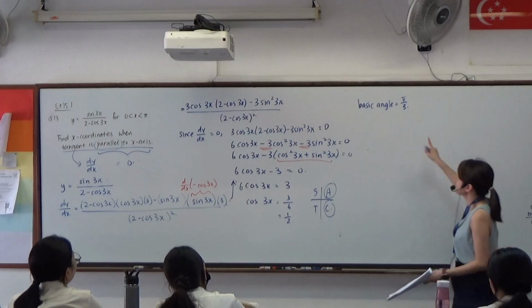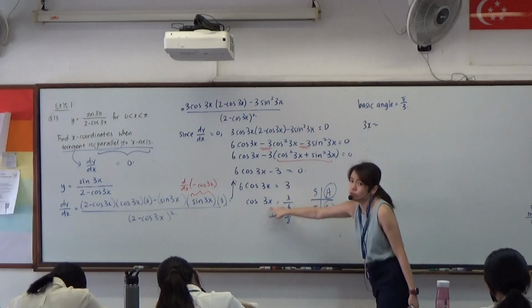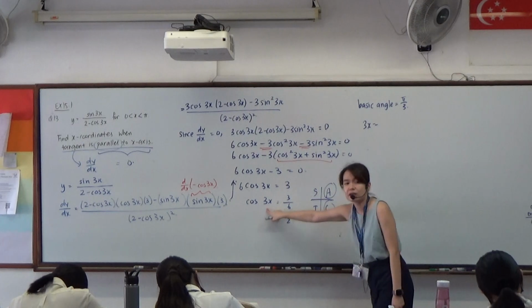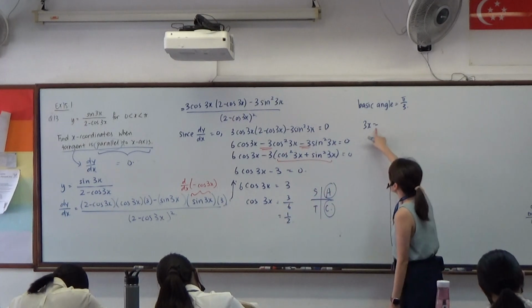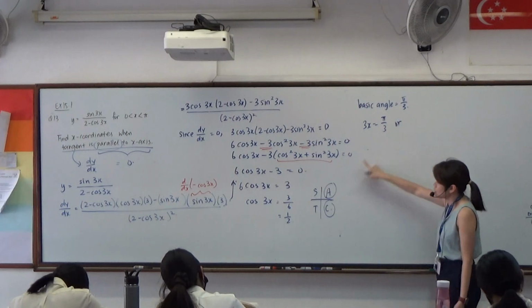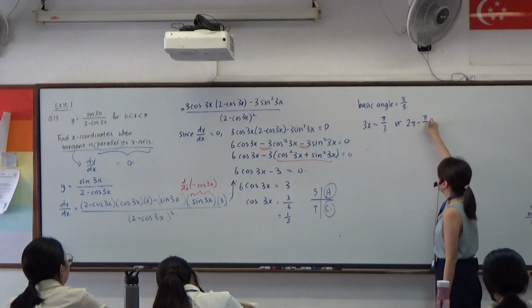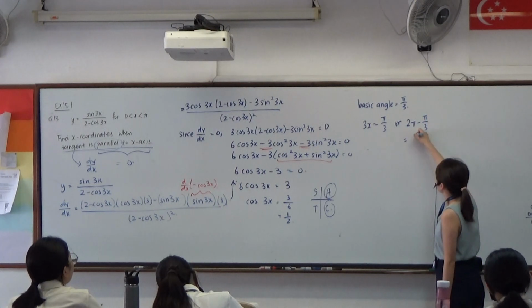First quadrant is just your basic angle. So 3x itself, we're trying to solve 3x first, because the angle here is 3x and not x. So 3x itself is equals to pi over 3 for the first quadrant. And in the fourth quadrant, we are looking at 2 pi minus pi over 3, and that will be 5 pi over 3.